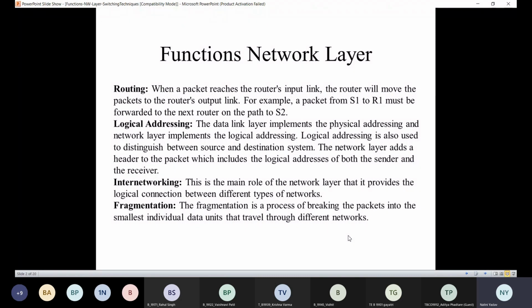The next important functionality of the network layer is logical addressing. What happens in logical addressing? Basically, we use a physical address at the data link layer and we use a logical address at the network layer. Correct. This logical address is used for distinguishing between the source and destination systems.